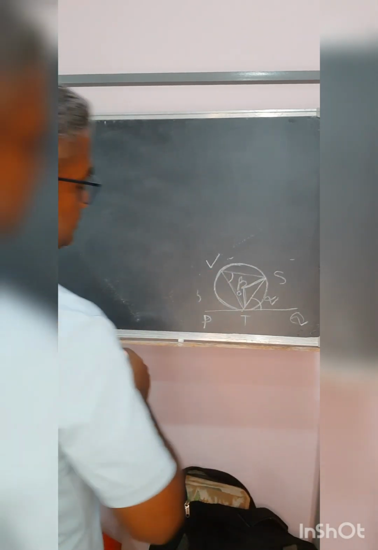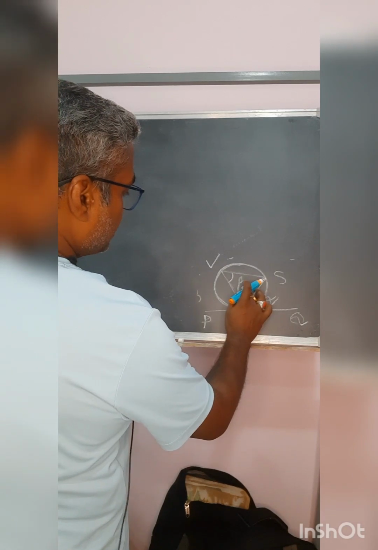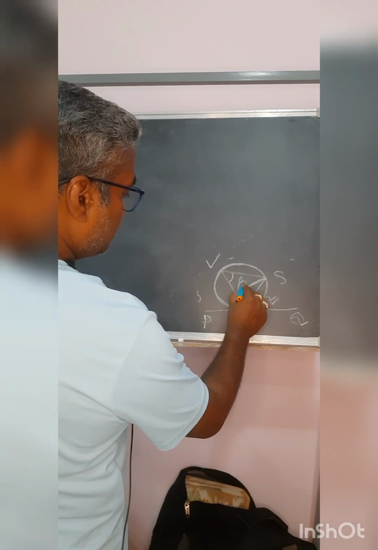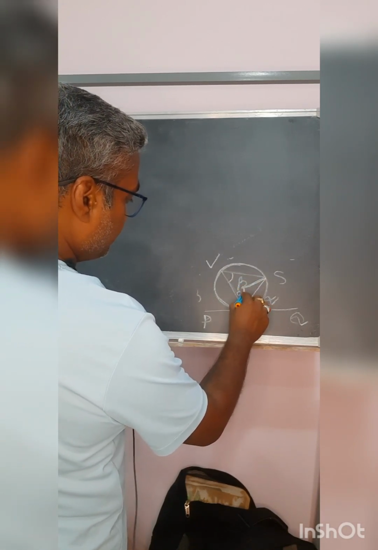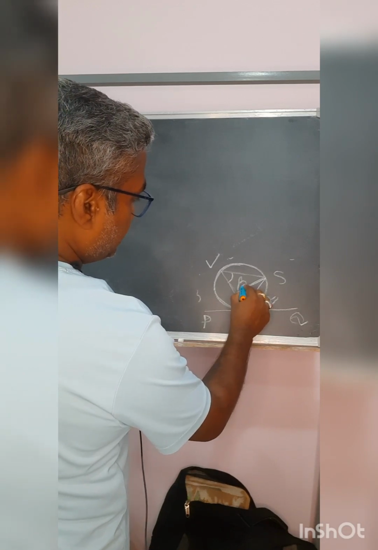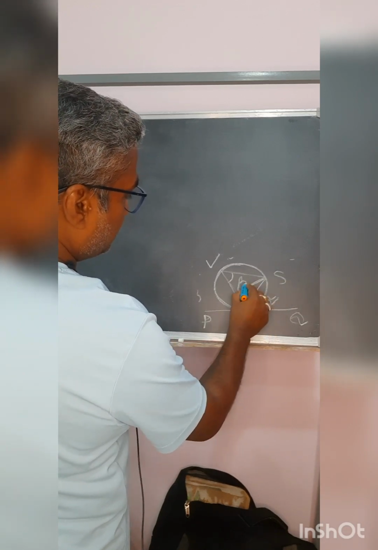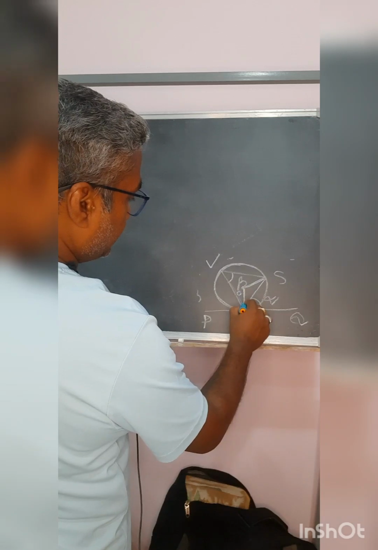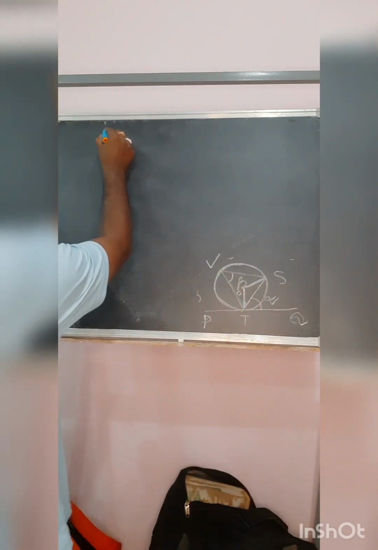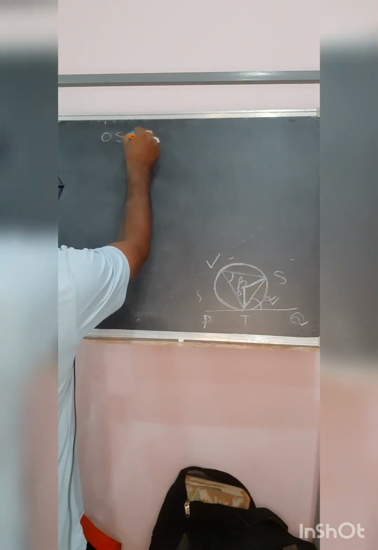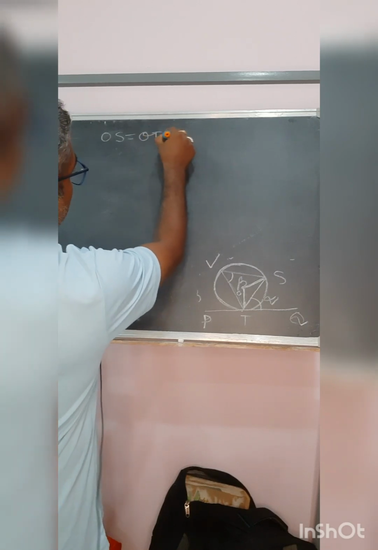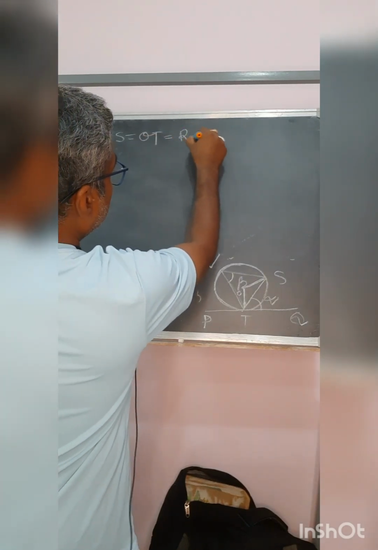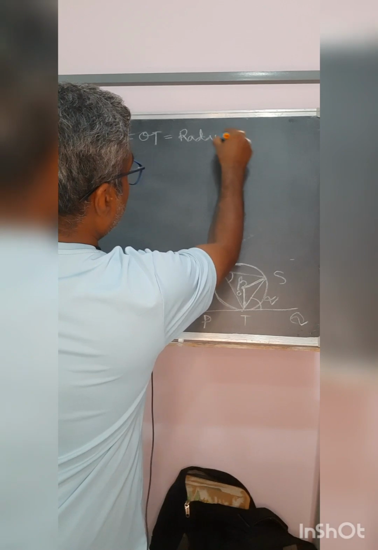A few things are very well known, because the center to any point on the circle is a radius. So OS is equal to OT, both are radii of the circle.